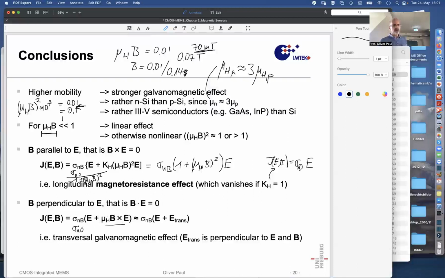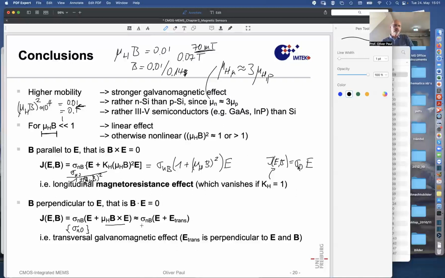Well, actually, we cannot generally replace it here, so let me put that between brackets, because if we have perpendicular field for large enough field values, the denominator of sigma NB will play a role. It will decrease the sensitivity, but for small enough fields, of course, this is what we have, and then this can be replaced.